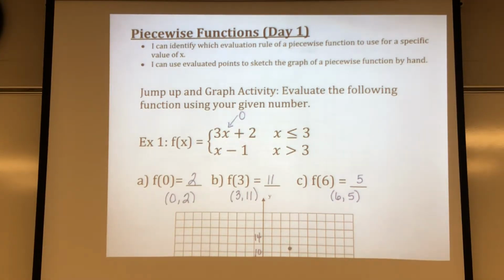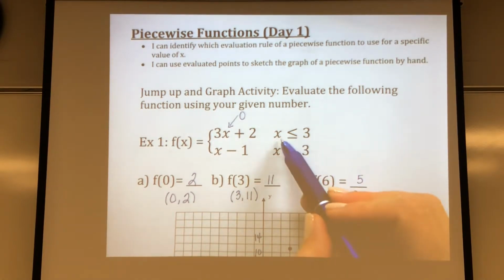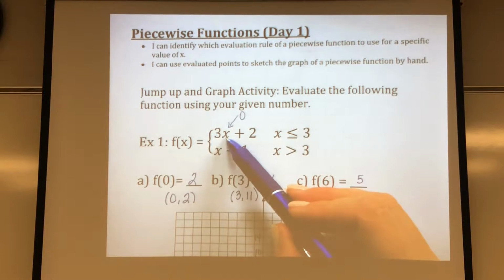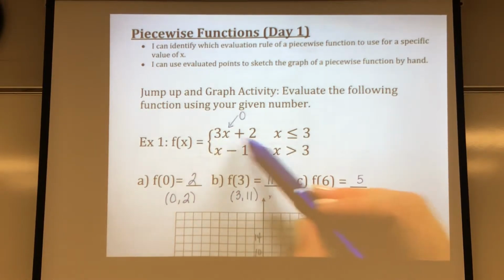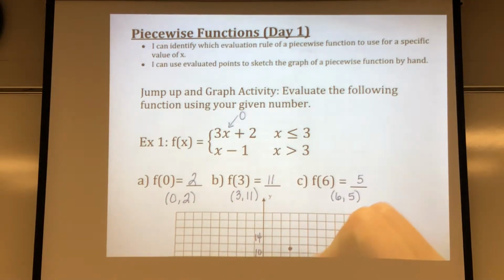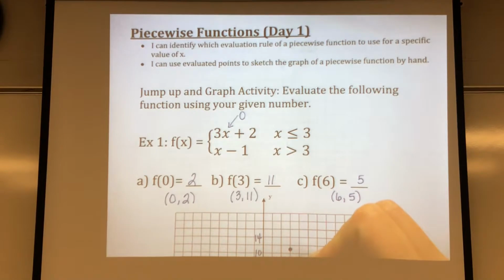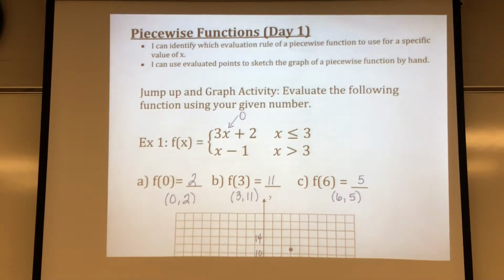Now from there, we are wanting values less than 3. So like the next value would be 2. 3 times 2 plus 2. So 3 times 2 is 6, plus 2 is 8. So we would have the point 2, 8. We also know earlier we found that point 0, 2 is going to be on our line.